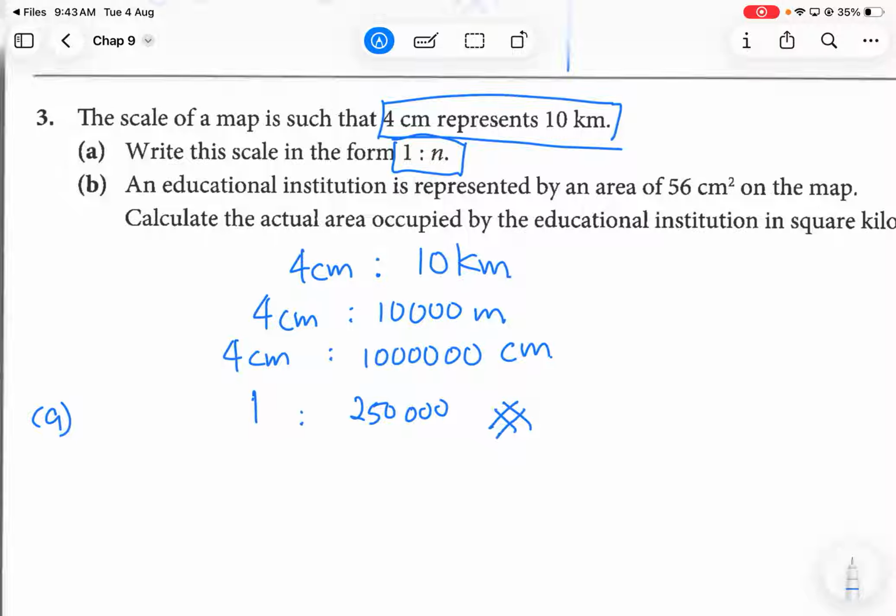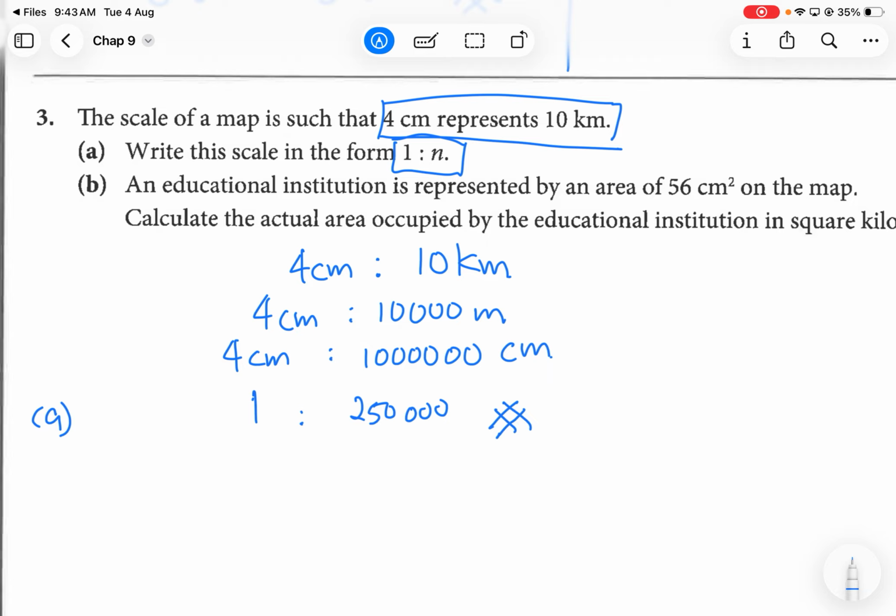So the same square, similar figure. This side will also expand by 10 times. This time, what is the area? These two are similar figures. Their side is corresponding.